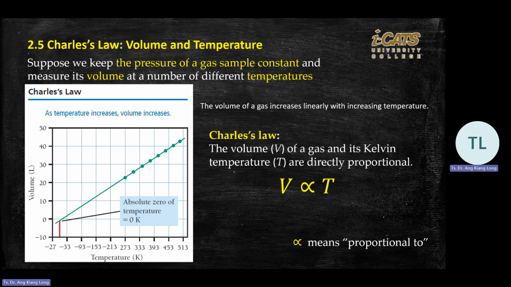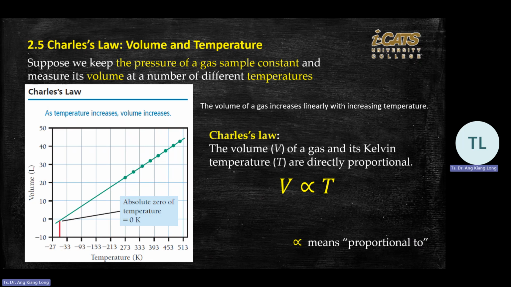And we like to put V on our left-hand side of the equation, same as what you've seen in Boyle's law just now. We convert the proportional sign into a constant. So how do we write? V equal to constant times T. And this is Charles' law.